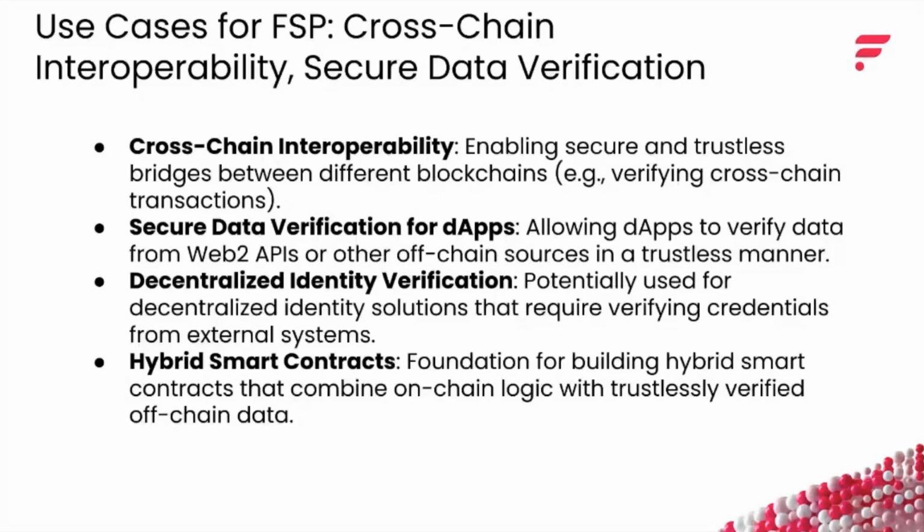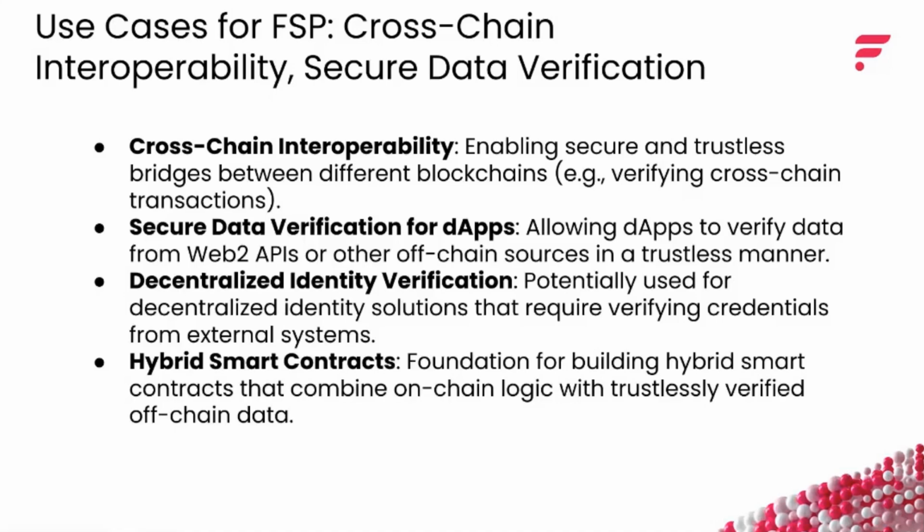It also includes secure data verification for decentralized applications. Dapps can use FSP to trustlessly verify data from Web2 APIs or other off-chain sources. And a quick example is that it can also be used for decentralized identity verification solutions that require verifying credentials or information from external identity providers.